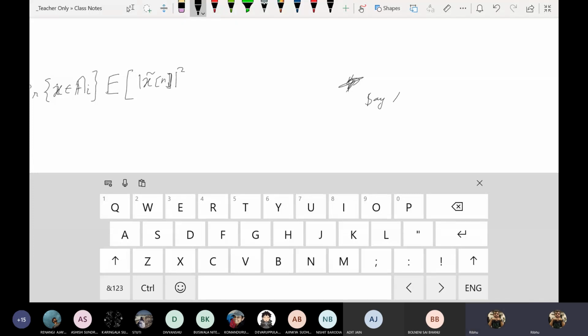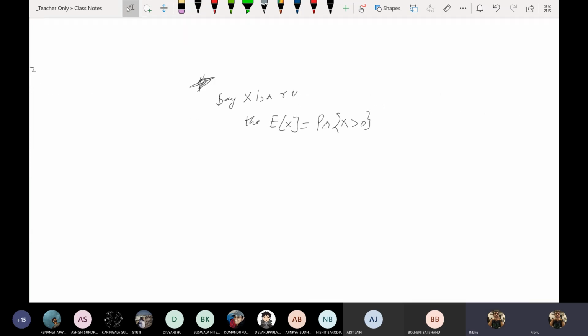Say x is a random variable, then expectation of x equals probability of x greater than 0 times expectation of x given x greater than 0, plus probability of x less than or equal to 0 times expectation of x given x less than or equal to 0.